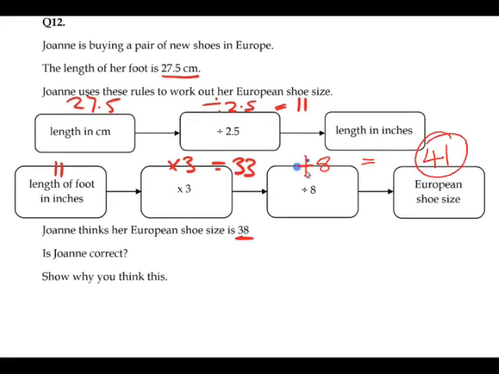So next we need to add 8, which gives us our shoe size of 41. Now 41 is bigger than the 38 that she said, so to answer the question, is Joanne correct? We write on the answer line, no, she is not. And this question altogether is worth 4 marks for the working out and the answer on the answer line.